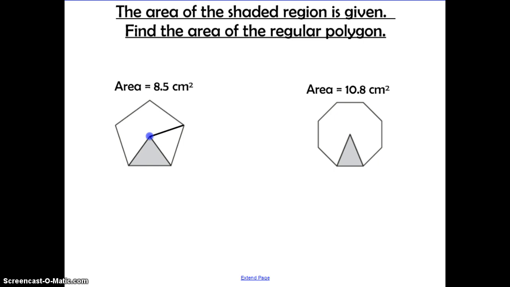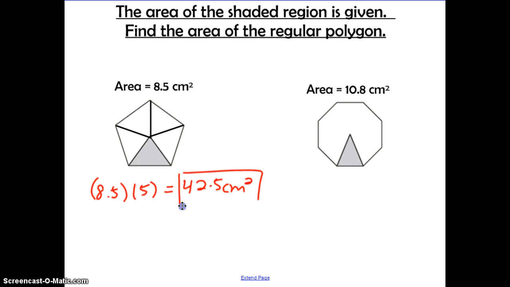So if you connect that center to each of the vertices, we'll find that we actually have 5 of those shaded triangles. So what we want to do is take that area of 8.5 centimeters squared, and we want to multiply it by 5 to get a total of 42.5 centimeters squared. So that's the area of the entire regular pentagon.